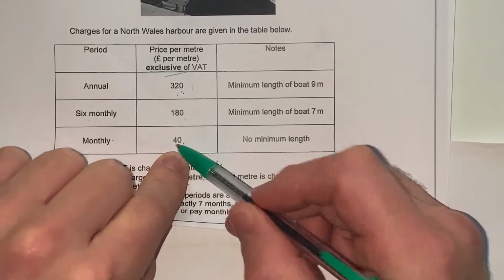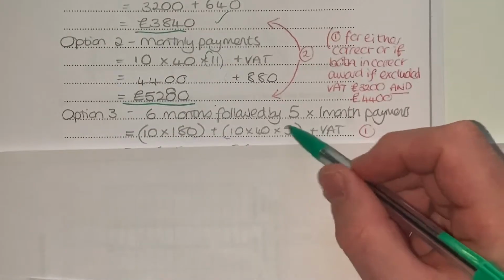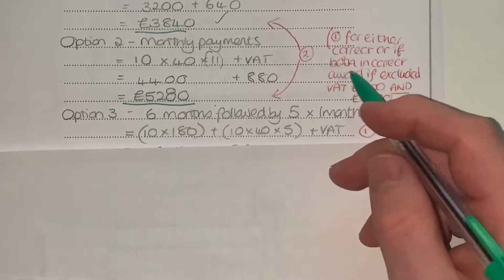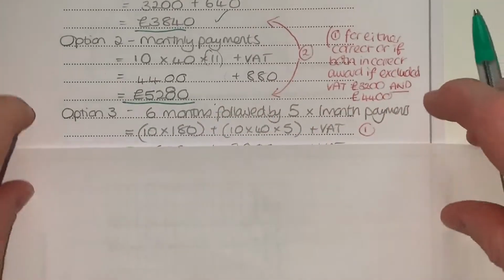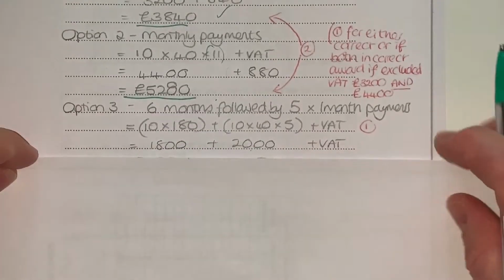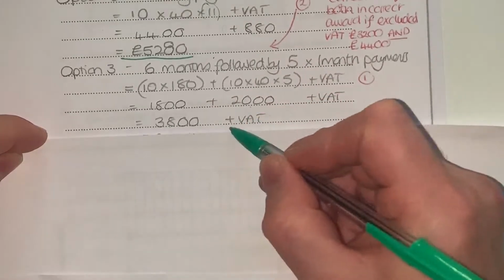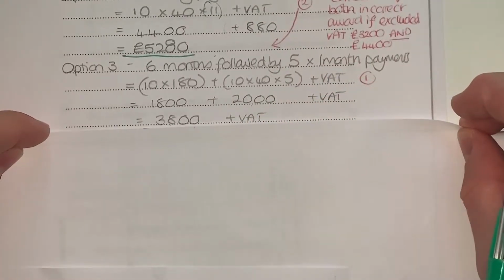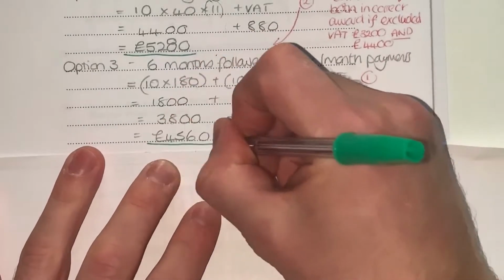So 10 times 40, but then I've actually got to multiply it by 5 because there's obviously 5 individual months to get me up to the 11. Once I've done all that and added them up, I can then add on the VAT. So it's 1,800 and 2,000. Okay, I add the two together, gives me 3,800, but now I've got to add that VAT on. So I've got to add 20% on again, which is going to give me an answer of 4,560.